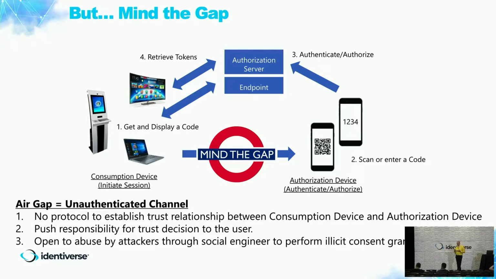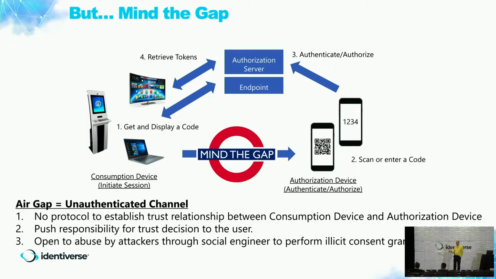And there's no protocol for the user to establish any trust between these two devices. So basically what we do in the protocol design is we say to the user, it's up to you. You have to decide whether this QR code that you're scanning is trustworthy. And that's kind of contextual and left up to the user.